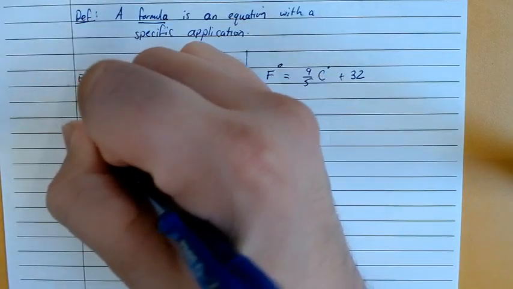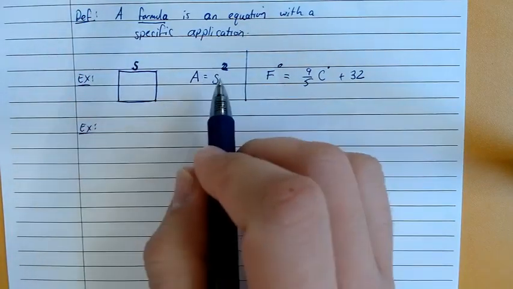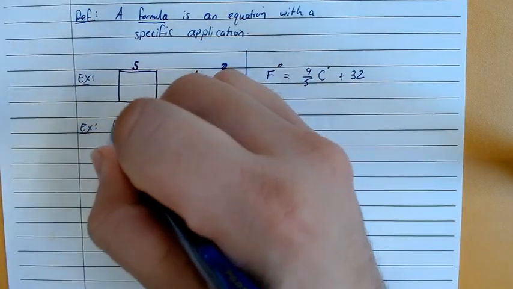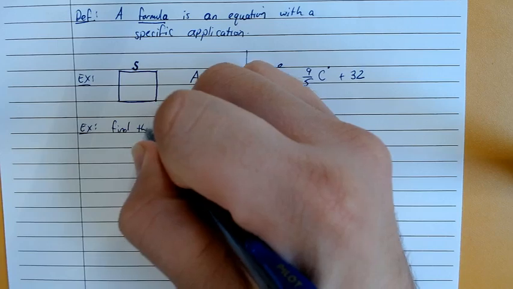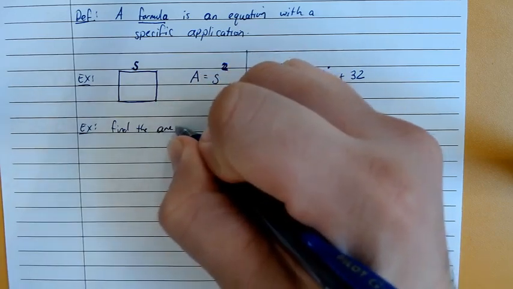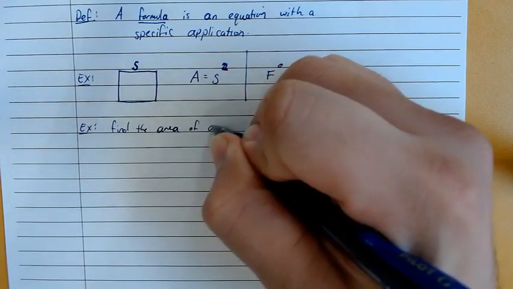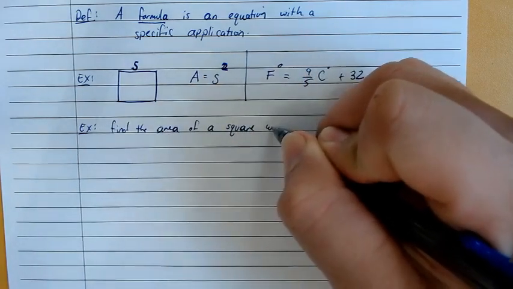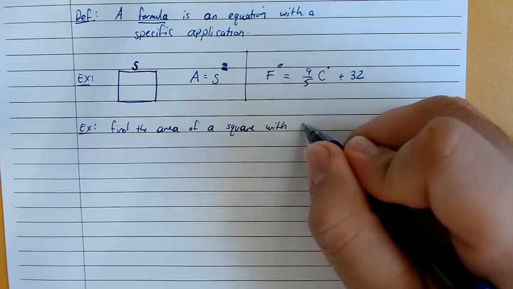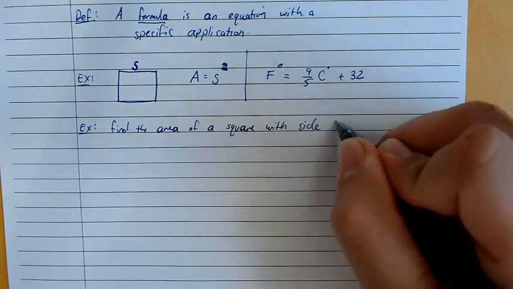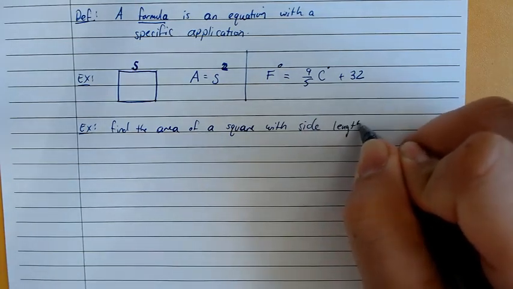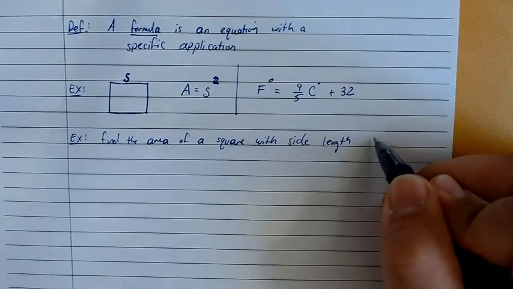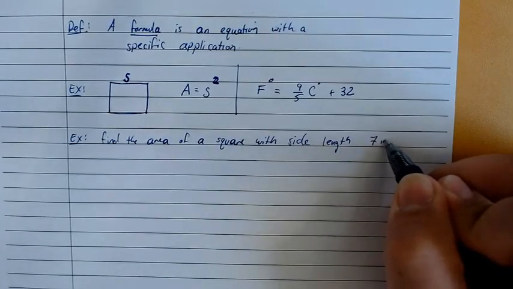And for examples of using formulas, we can go ahead and find the area of a square with side length of, let's say, 7 inches.